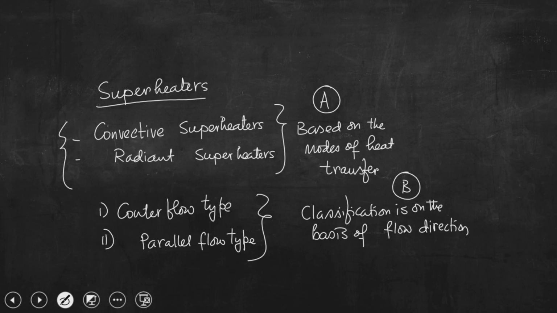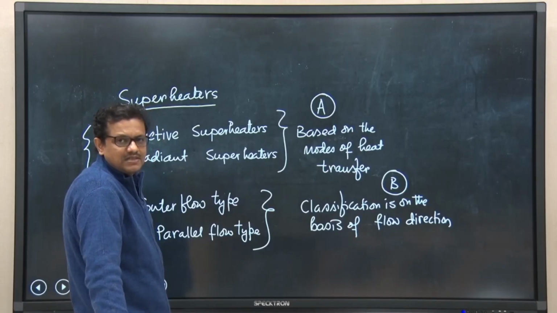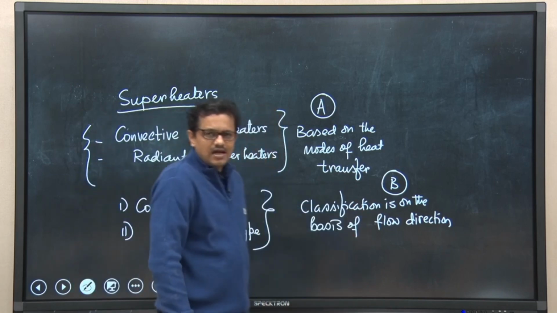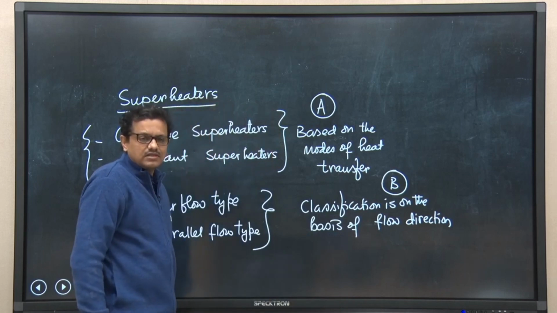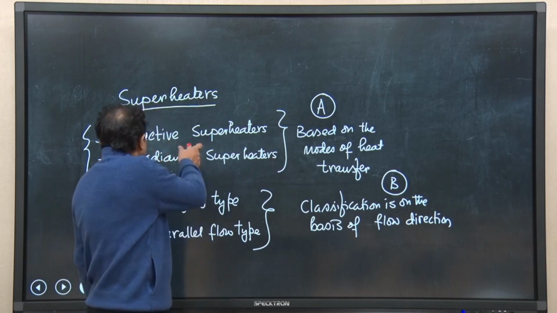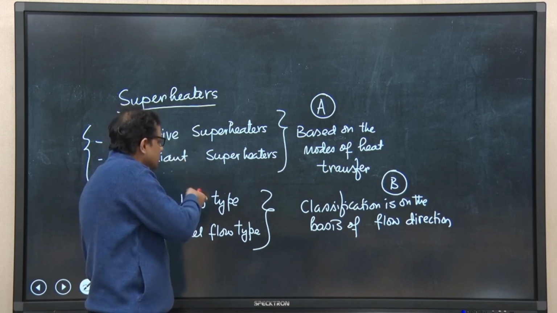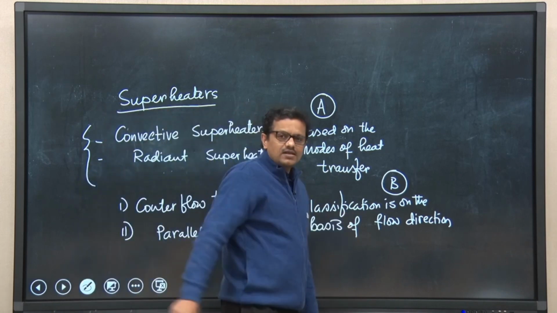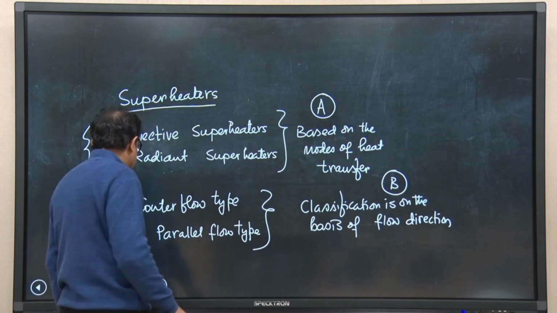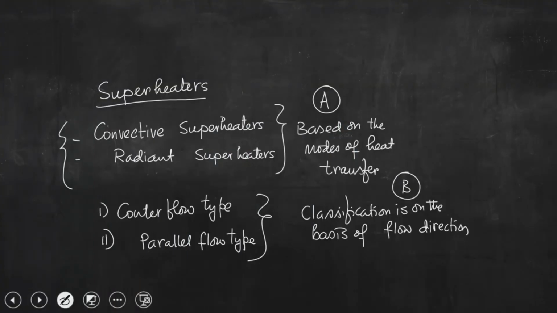For B, so long as the superheater type is radiant superheater, this sub classification is not that important, but while we are talking about convective superheaters, the flow direction will play an important role, and based on the flow direction we can classify into these two sub classes, counter flow type and parallel flow type. Let us now look into what is counter flow type and parallel flow type.